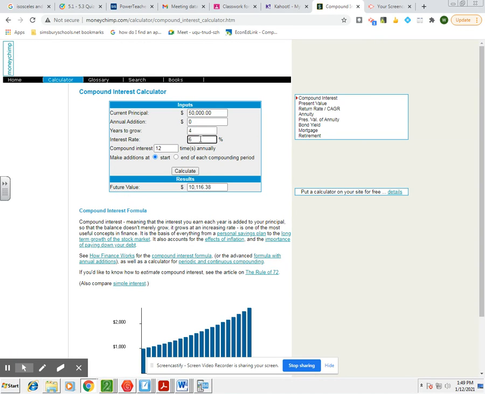Interest rate as a percent is 1. And compounded, I said 4 times, quarterly. Okay, calculate. And what did I get? $52,037.94. Exactly what I got when I did this using my formula.